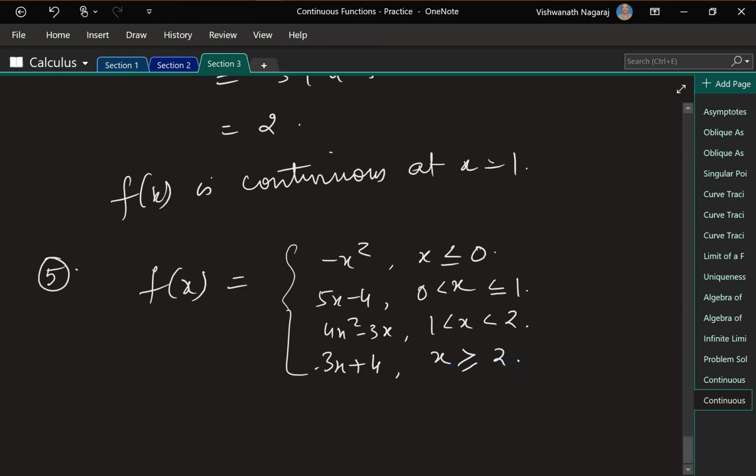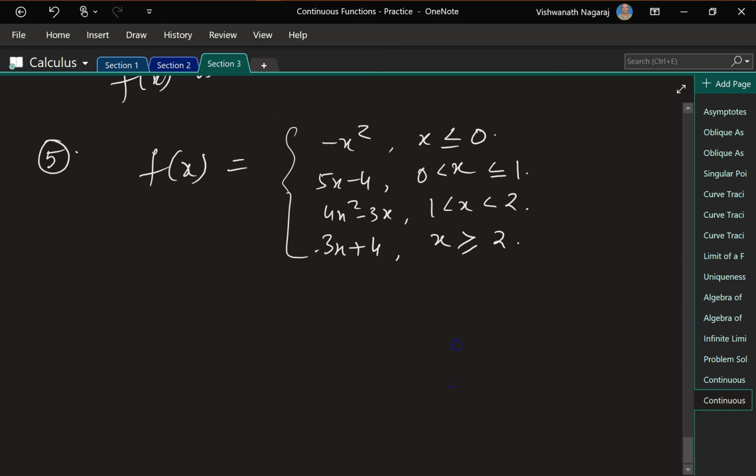So be careful about that, less than, greater than, and less than or equal to, greater than or equal to. That can become tricky. Now what we have to figure out is the continuity at x equal to 0, 1 and 2.